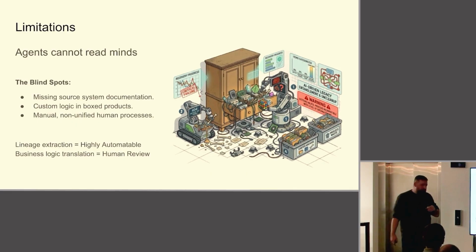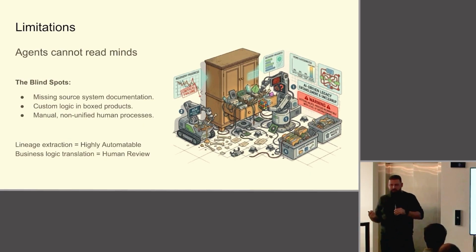Also, what we've been discovering is that we don't have the documentation for the source systems. So essentially, we are stepping one layer into the same problem: we don't know our transformations, even if we know them.